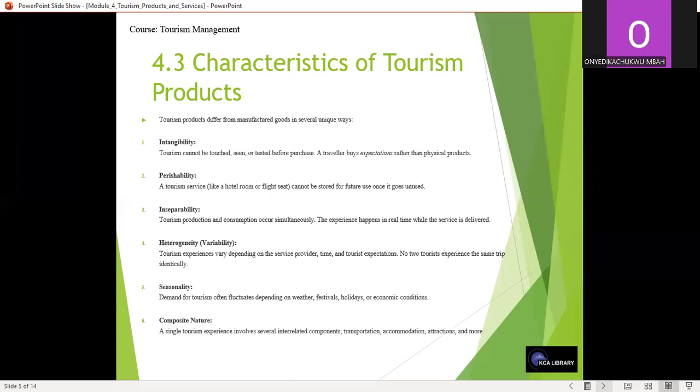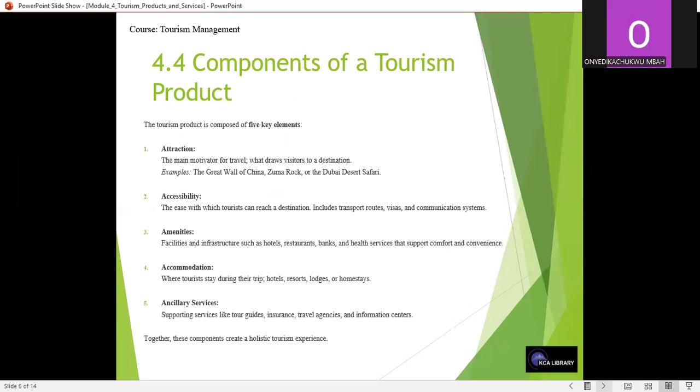Number two, it is perishable. The third one here is inseparability. We have another one called heterogeneity, then seasonality, and composite nature. So these are the characteristics of tourism products.